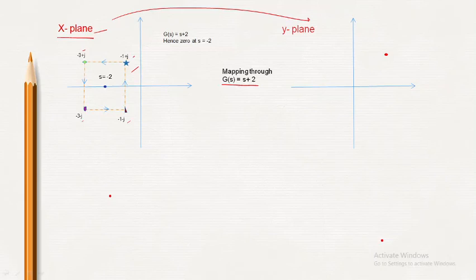What will happen when I take the function G(s) equal to s plus 2 and map this contour to another plane? This has to be done. Here you can see I have taken these 4 points: -1 plus j is depicted by this star, then -3 plus j is depicted by this diamond, -3 minus j is depicted by another figure, and -1 minus j by another figure.